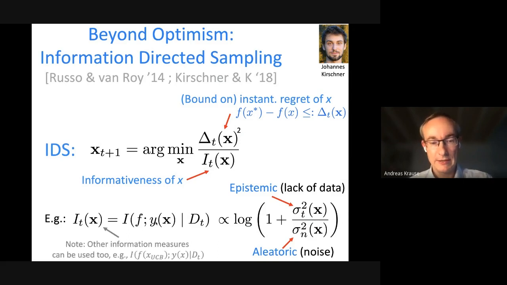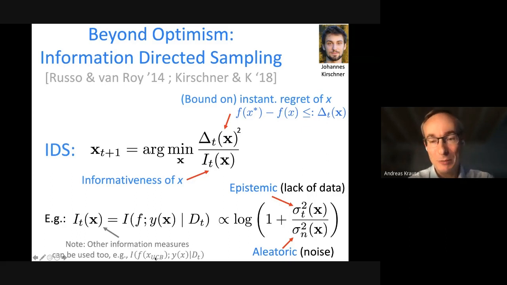And you can also tailor these information functions to do a bit better. So here's an information function that's inspired by max value entropy search. I want to highlight this really nice work by Zi Wang and Stefanie Jegelka once more, where what you can do is quantify the mutual information between your measurement and the function value at the optimistic optimal action.